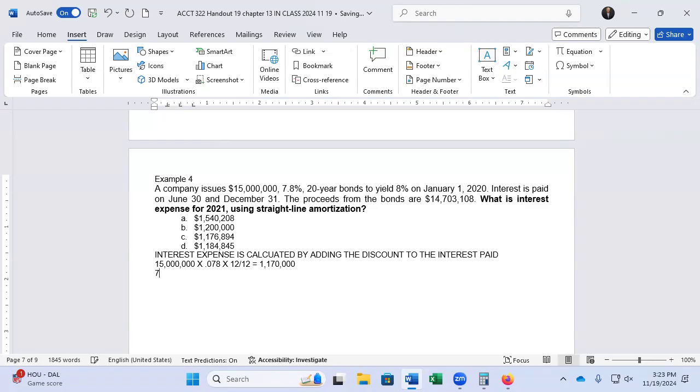And then you have 7,422. We're going to multiply it by 2 because there's 2 periods in a year. And so I'm going to add 14,844. And so our total, 1,184,845.